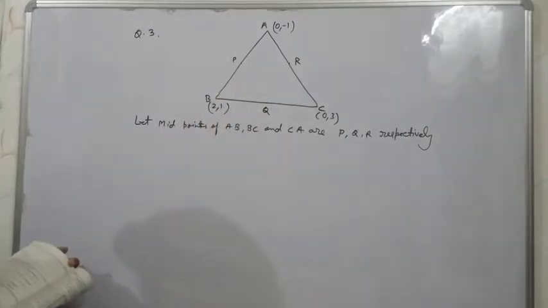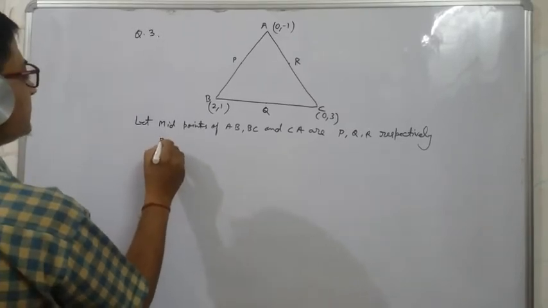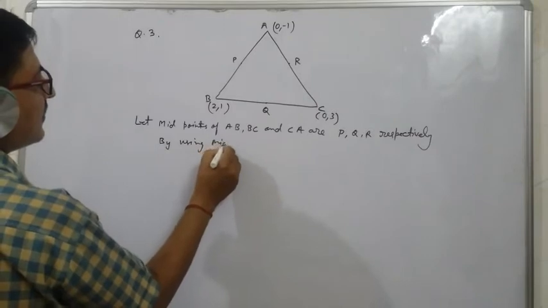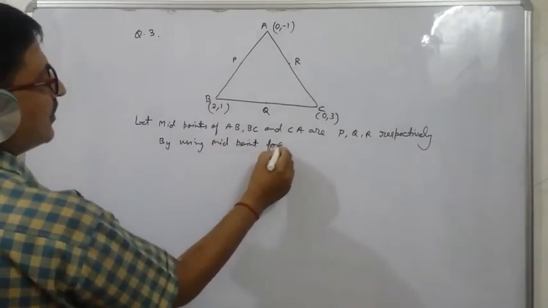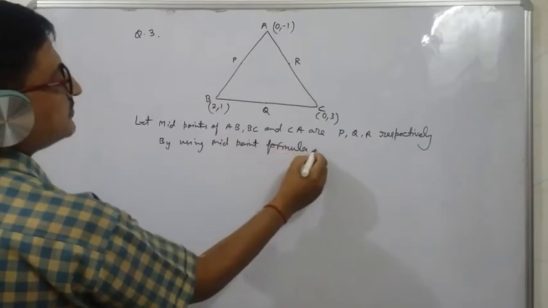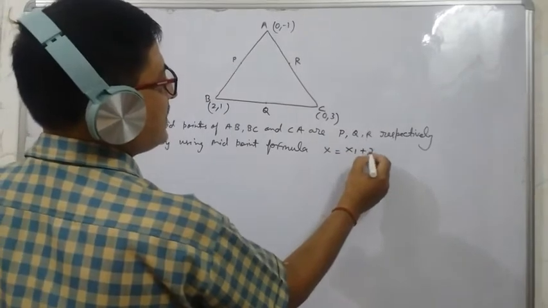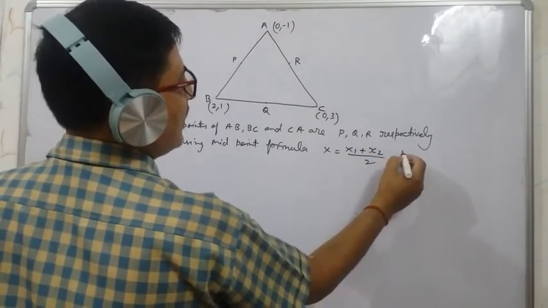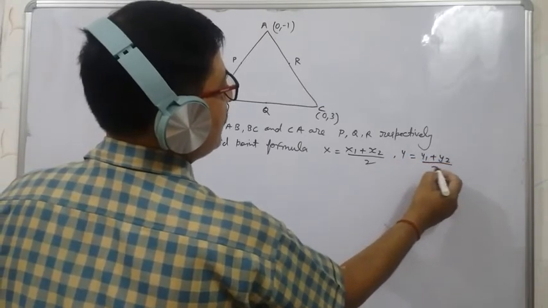Now we have to find the coordinates of P by using the midpoint formula: x equals x1 plus x2 upon 2 and y equals y1 plus y2 upon 2.